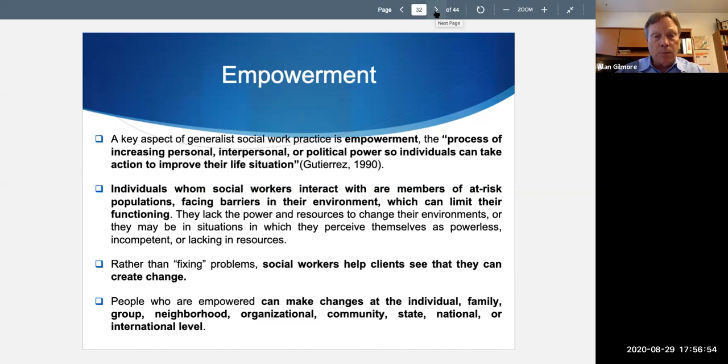Rather than fixing problems, social workers can help clients see that they can create change. And people who are empowered can make change at the individual, family, group, neighborhood, organizational, community, state, national, or international level.